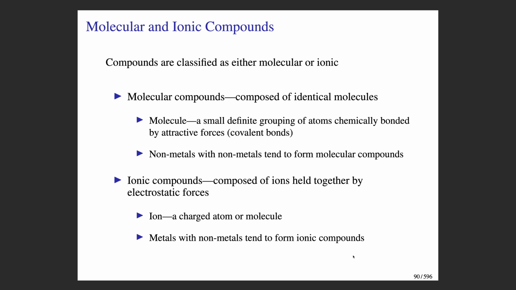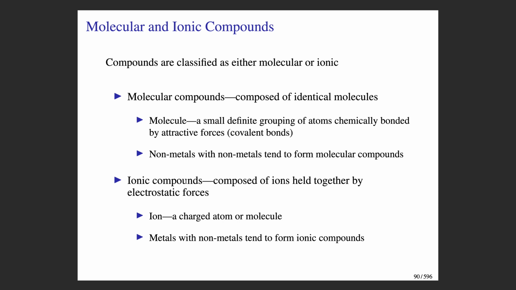So their molecules are little tiny units, sometimes they're bigger, but they're small groups of atoms that are identical to one another. So the grouping is identical to one another for every given molecule. Nonmetals, when they get together with other nonmetals, tend to form molecular compounds.